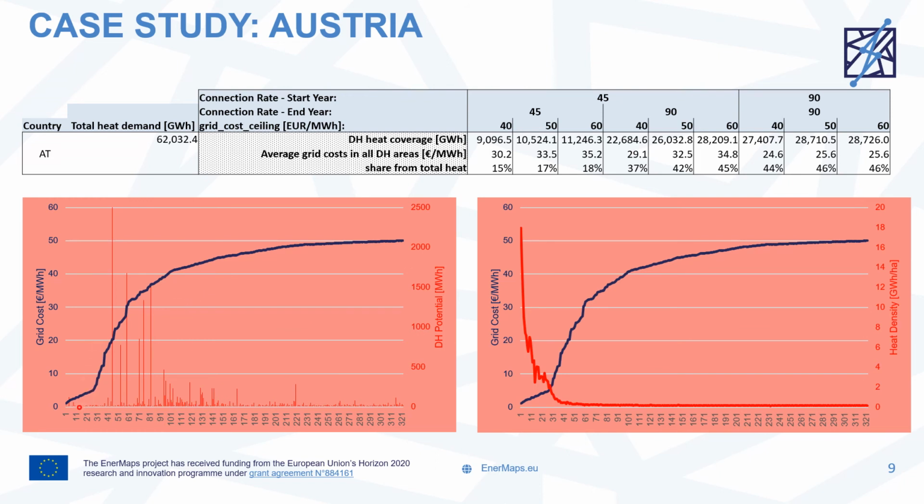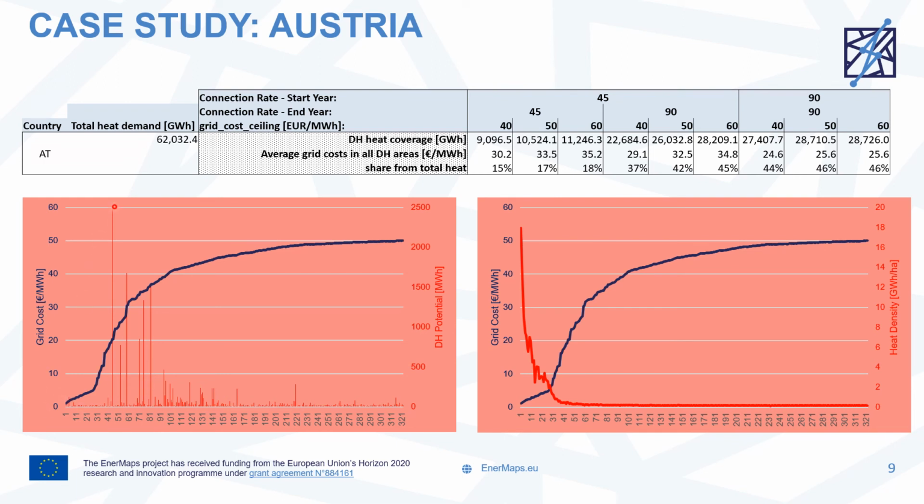So we see that the very low grid costs are related to areas with not very high potential. So there is no exact correlation between the district heating potential and grid cost in that area.